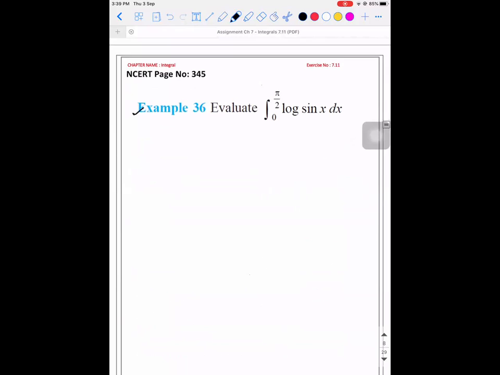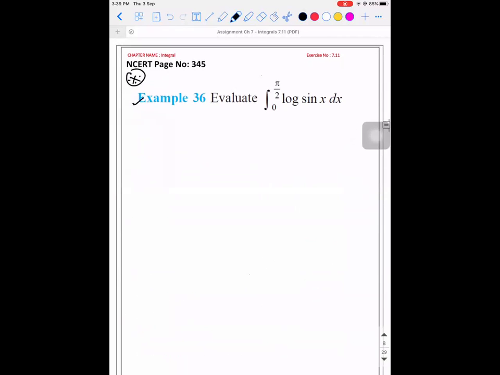So example 36, mark it as important. Now tell me how to solve this problem. Let's think of this. I is equal to, wherever you have log of sin x and all, you have to go with the property only. There is no other option.